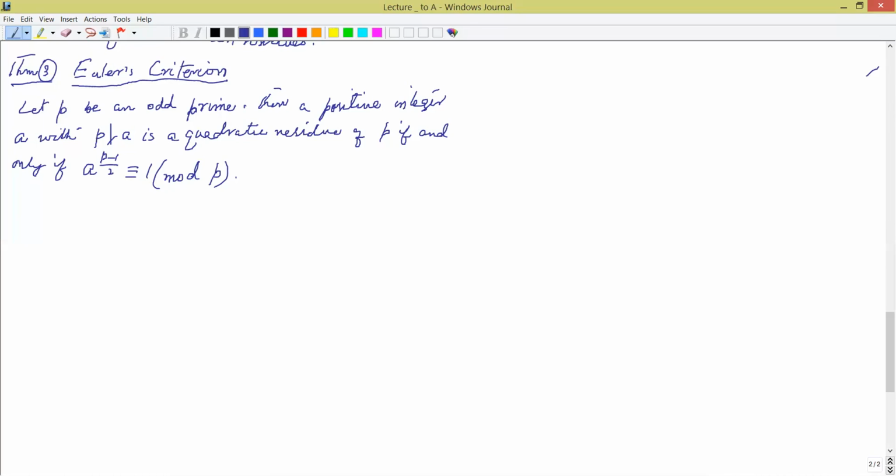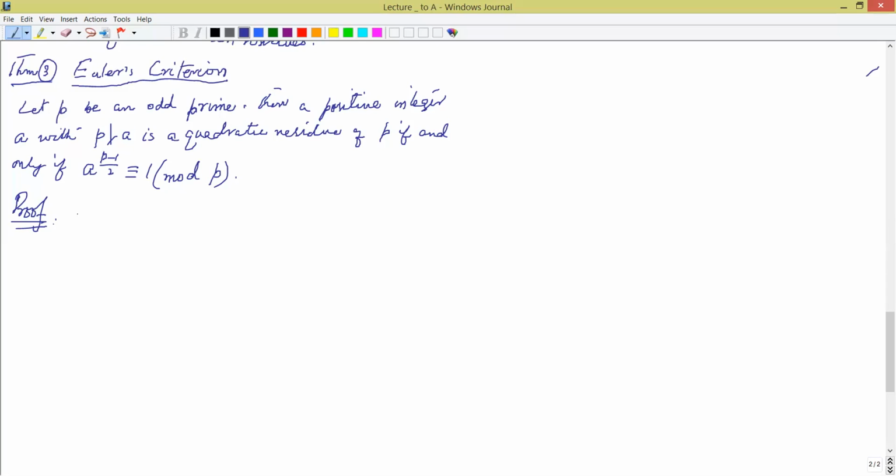If we know that the integer is a quadratic residue, then we will be able to say that the quadratic congruence is solvable. So that's a very important result. Now move to the proof. Because we have to show this result with an if and only if condition, we have to show it in both ways.